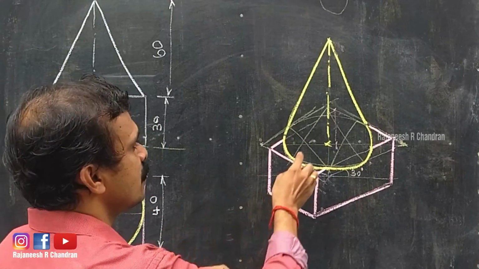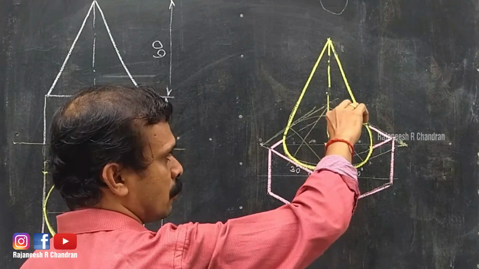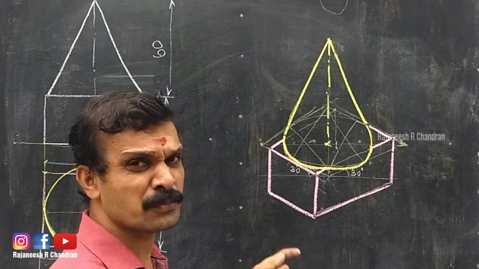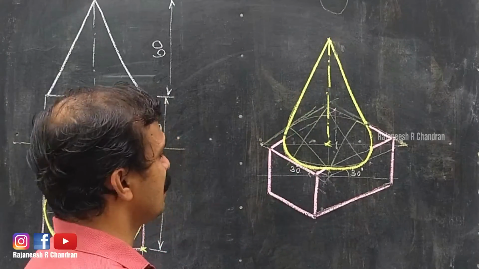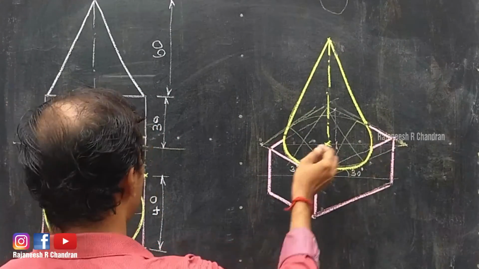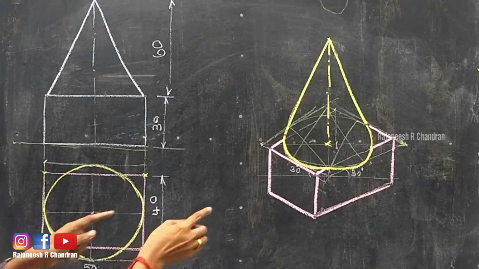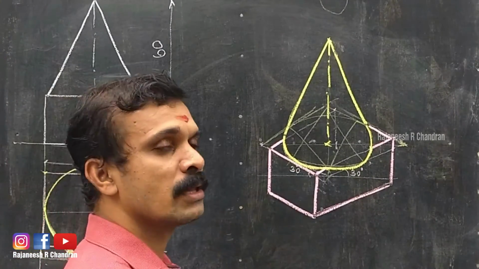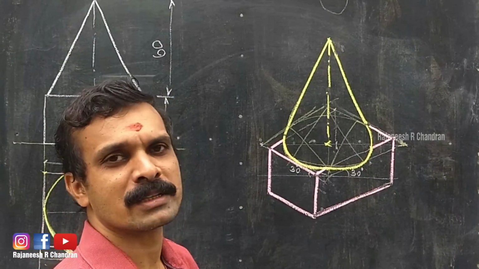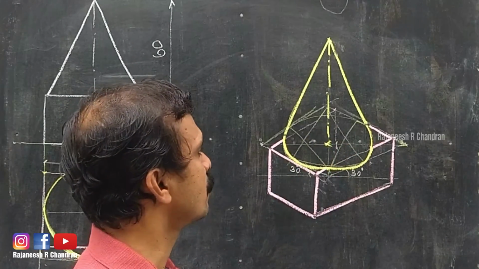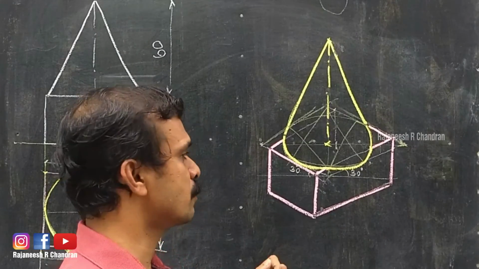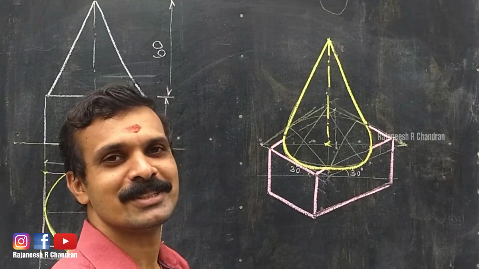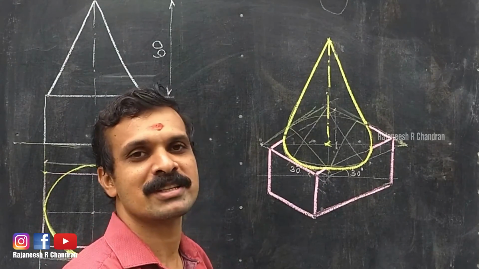Okay, so first we draw the rectangle of the ellipse and locate the axis of the cone. Now you locate the 4 inside points, which you have located. You draw the isometric of the rectangular block, and then according to the visibility you complete the isometric of the cone which is placed over the rectangular block. So I think all of you have understood this question. Thank you.